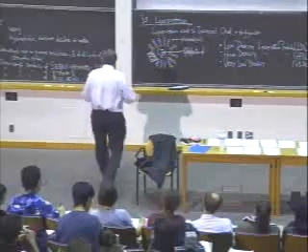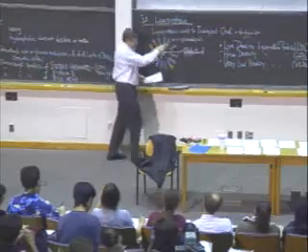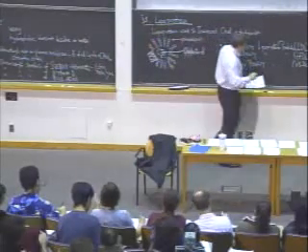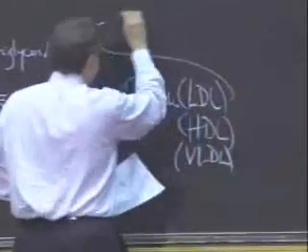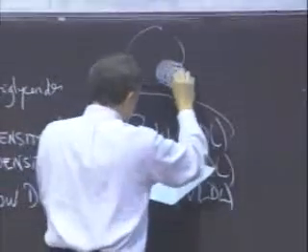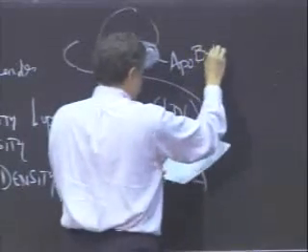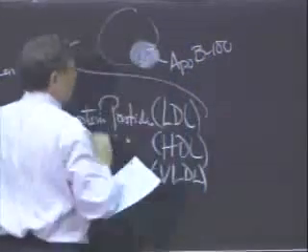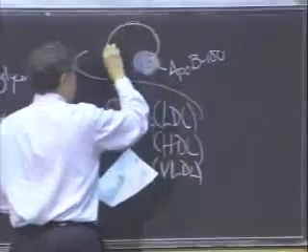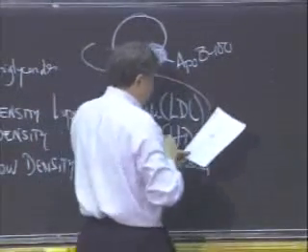The ones that I'll be interested in today are the LDL particles. The LDL particles have a particular protein in them that is called apoprotein B100. Doesn't matter, but that's the particular targeting protein. And these particles are very large.